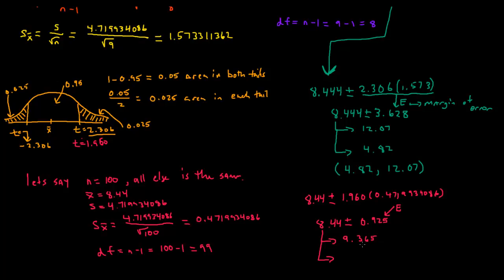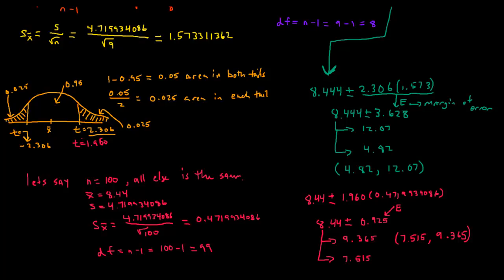And then the lower endpoint, 8.44 minus 0.925, and you get 7.515. So that interval is 7.515 to 9.365. Okay? Now see how much E changed here.